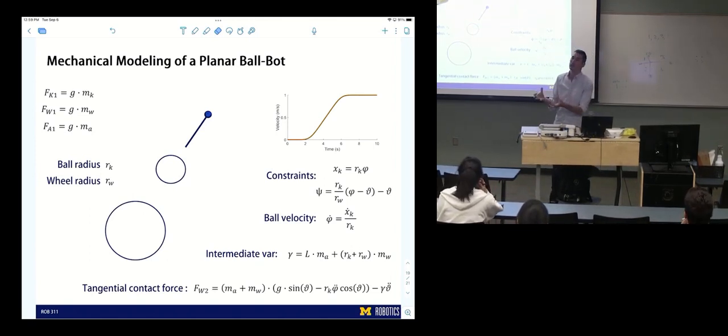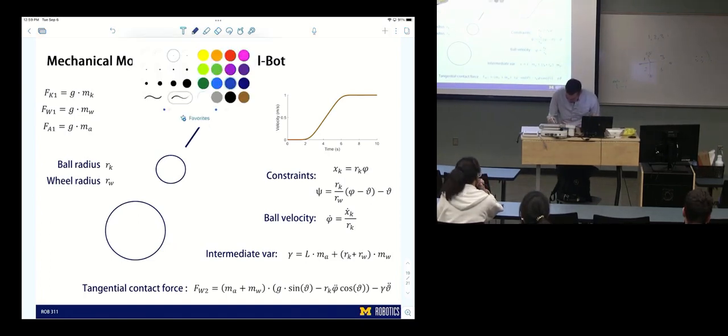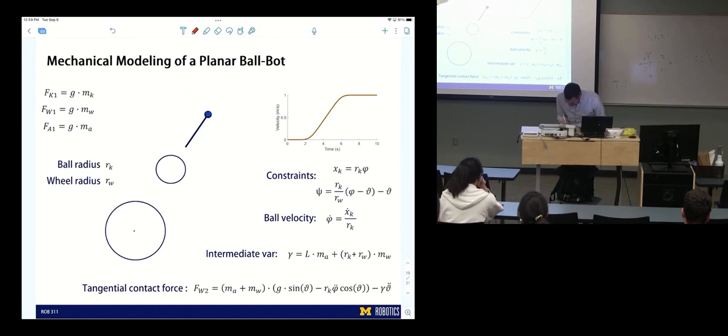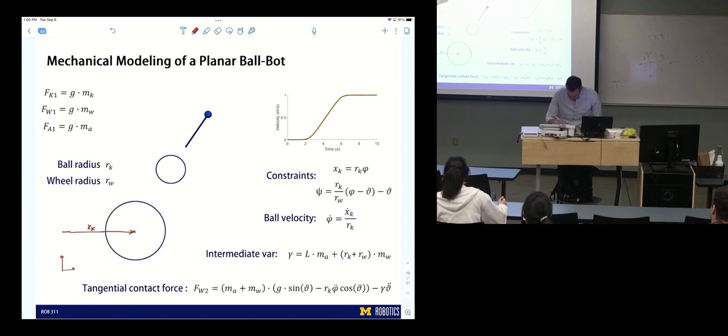In order to get the actual torque, we have to physically model the ballbot, which we're going to do by going through its mechanics in one plane. So this guy, that's our x of k.